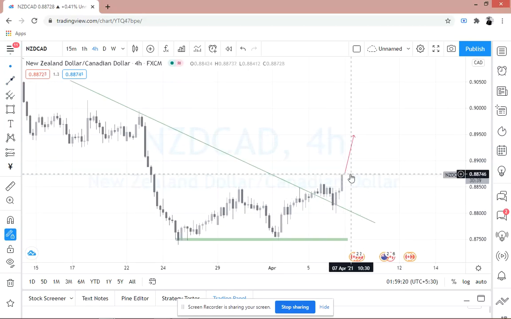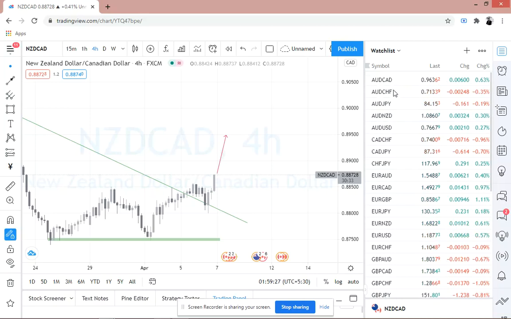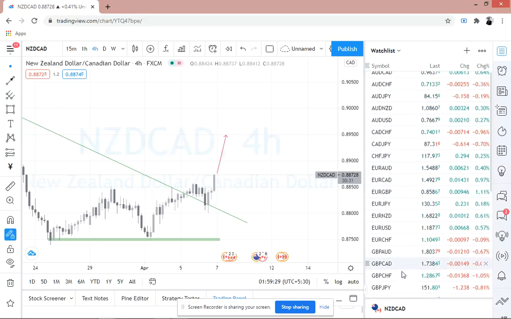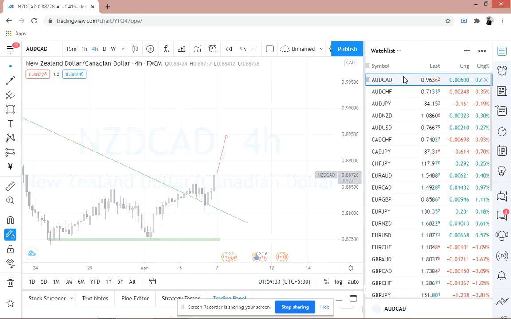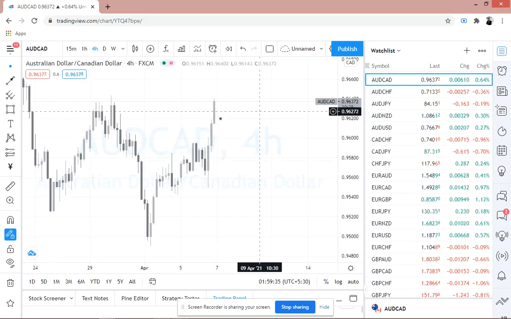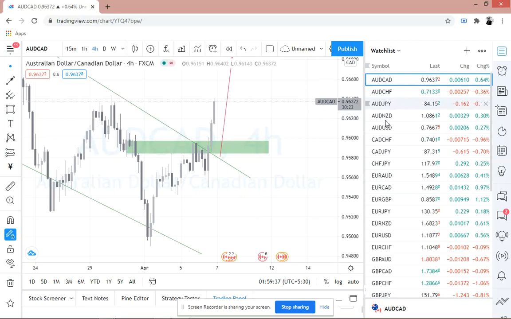Okay, if the market makes a retracement, it's the same thing as AUDCAD and EURCAD, same thing NZDCAD. So if AUDCAD did not make a retracement, I expect the market to go more. But if the market makes a retracement, you should expect it to retrace to this level. This is where you start buying.